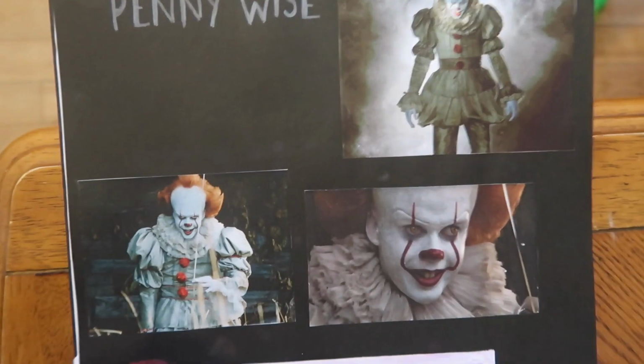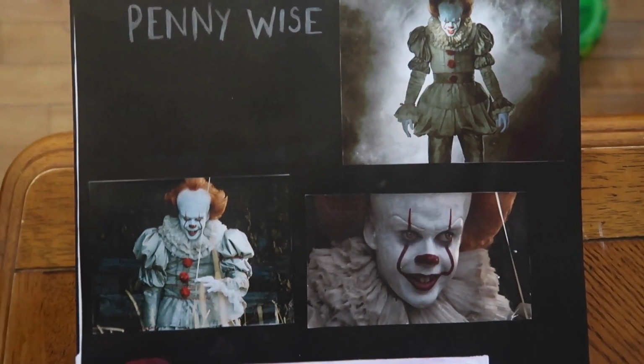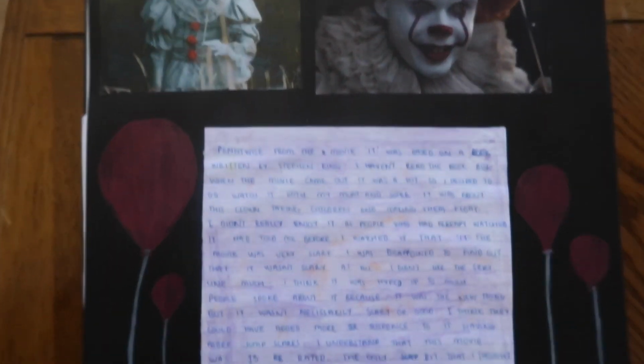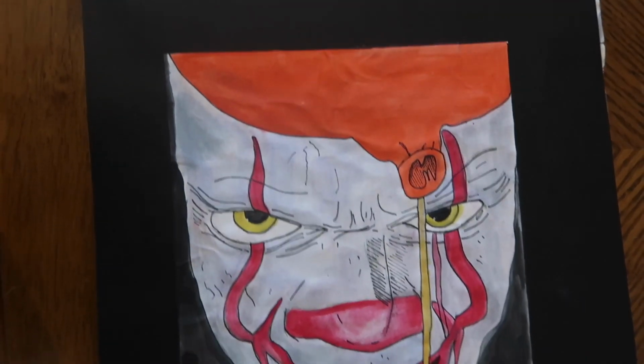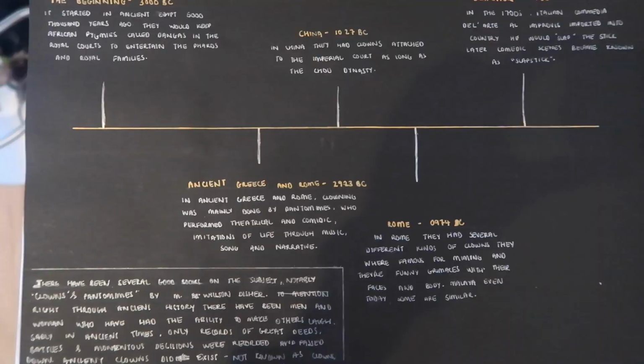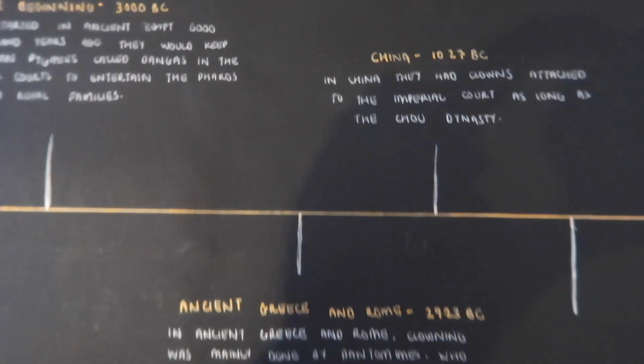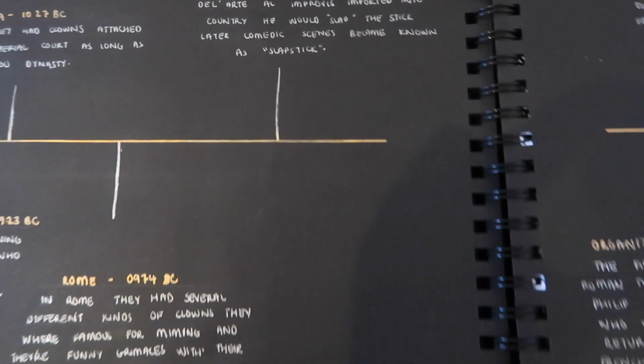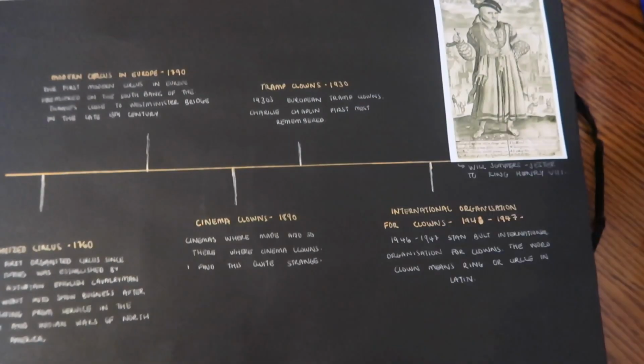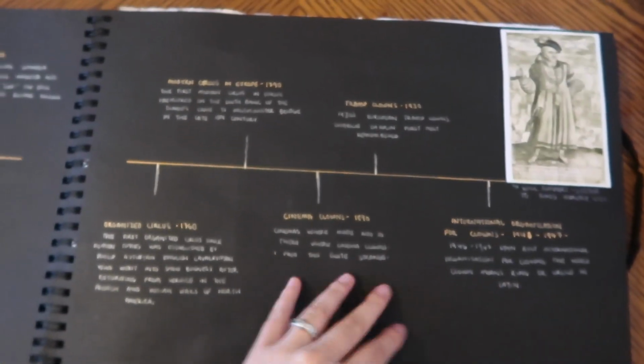And then I decided to look into Pennywise the clown and wrote about it and did a watercolor on it. Next, I did a timeline of clowns, so how clowns were portrayed. It's like the beginning, and then China, ancient Greece, and then it just goes along, the evolution of clowns.